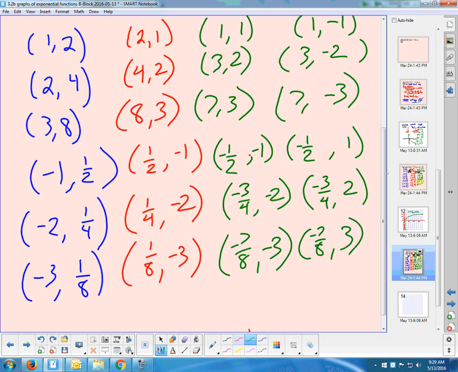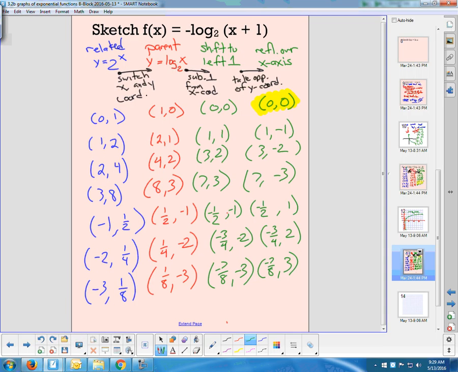So now we have all of the points that we need, and we will be focusing on our last column of points. All I need to do is take and plot those points. I'm going to take a quick look at my x-coordinates and y-coordinates to help me set up my axes. My x-coordinates seem to go between negative 7/8 and 7. My y-coordinates between negative 3 and 3.